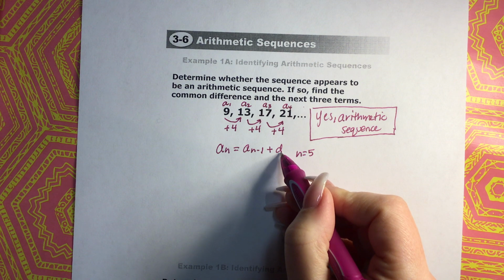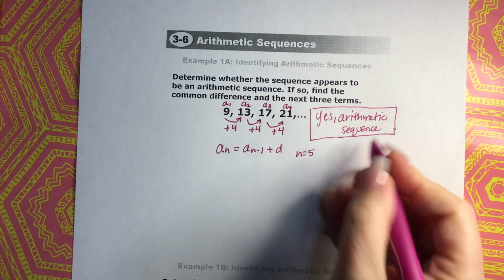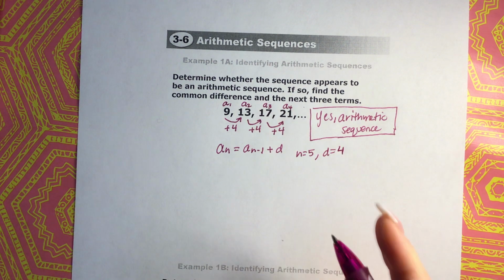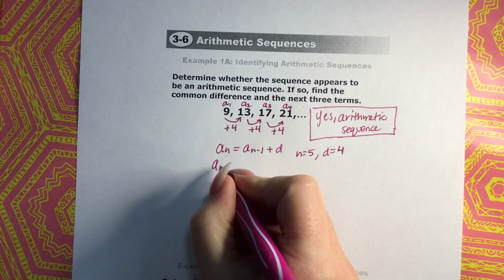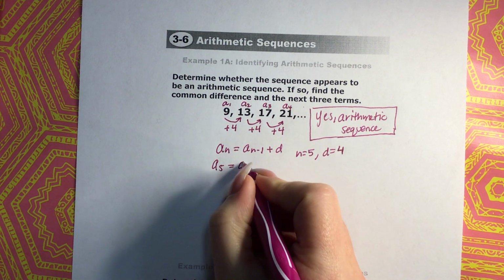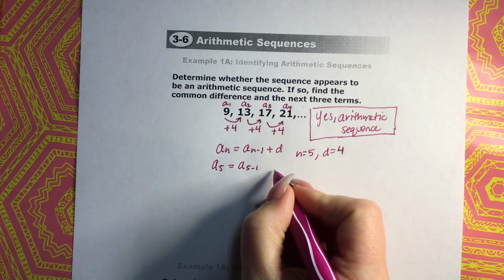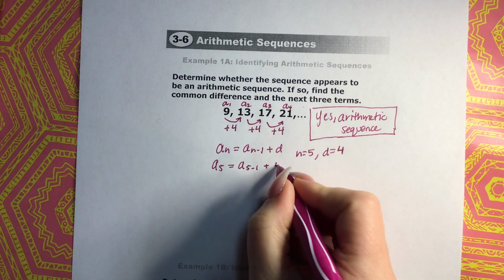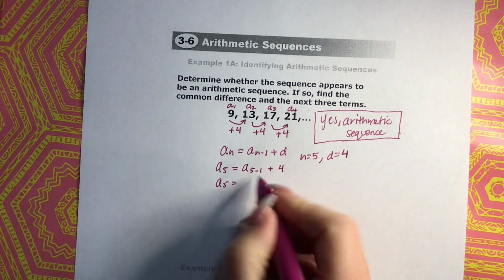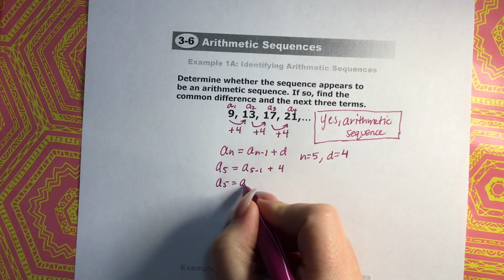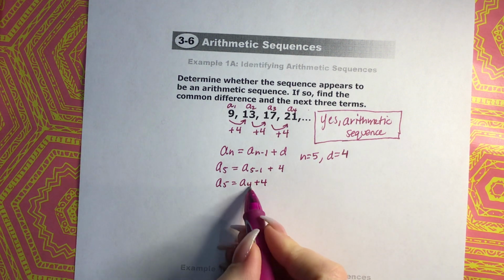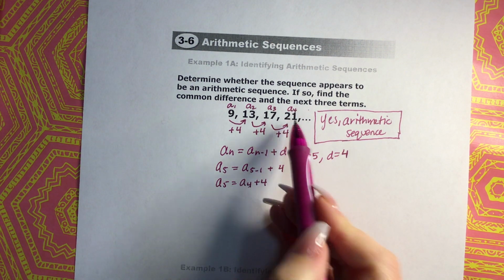We need to know what the common difference is. Well, the common difference is 4, right? And then we just substitute these values in. So 5 goes in for n, so 5 minus 1 plus the common difference, which is 4. 5 minus 1 is 4, so a sub 4 plus 4. And then we just need to figure out, well, what's a sub 4? It's 21.